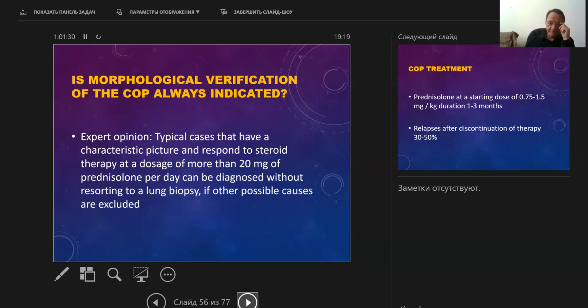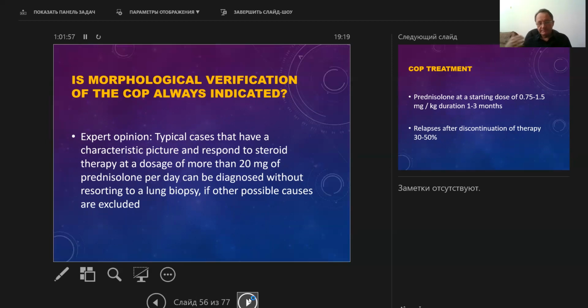What about morphological verification? In expert opinion, typical cases that have a characteristic picture and respond to steroid therapy at a dosage of more than 20 milligrams of prednisolone per day can be diagnosed without resorting to a lung biopsy, if other possible causes are excluded.